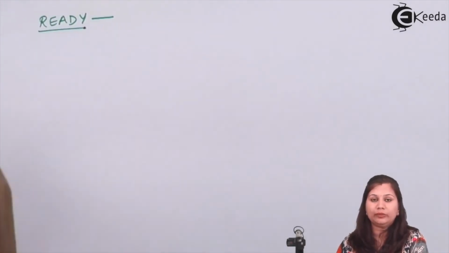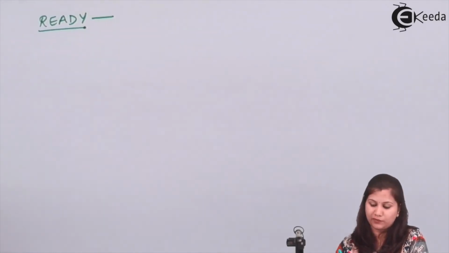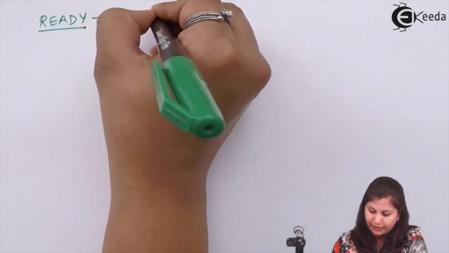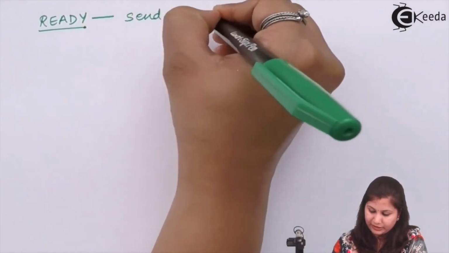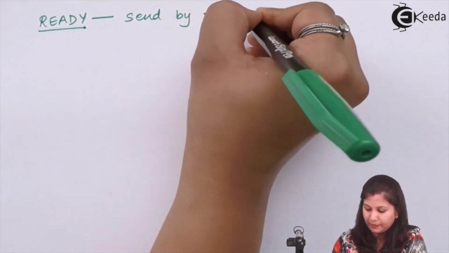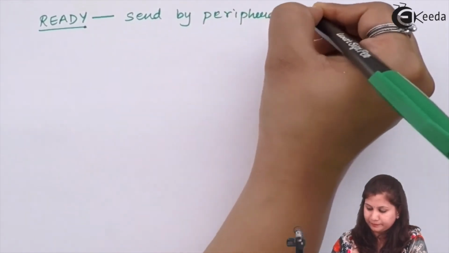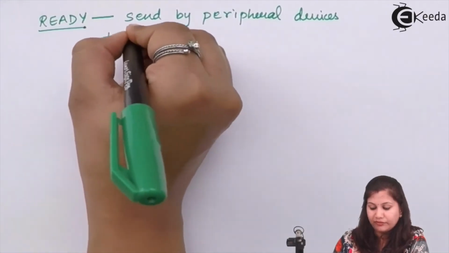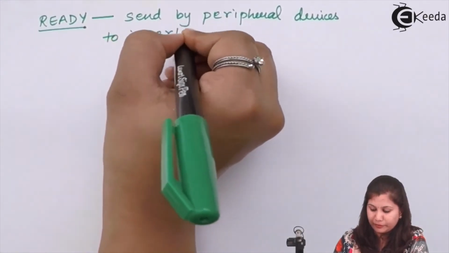That ready signal will be sent by the peripheral device to indicate to the microprocessor that it is ready for the communication, for the data transfer. So it is sent by peripheral devices to insert the wait state in the microprocessor.